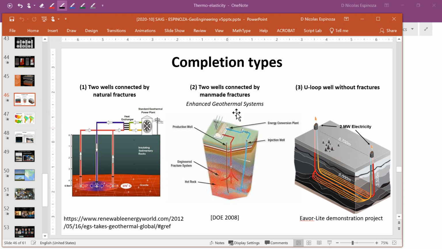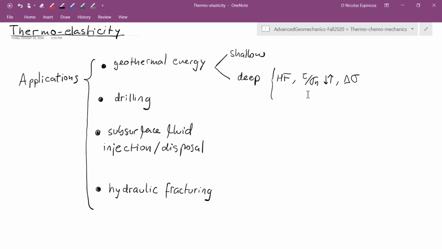This is what is called enhanced geothermal systems. And also, there is a modality in which you can use a wellbore that just extracts heat from the rock without creating any fractures.